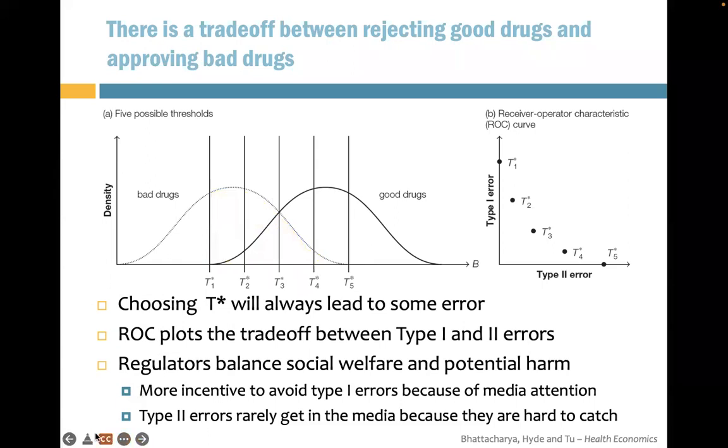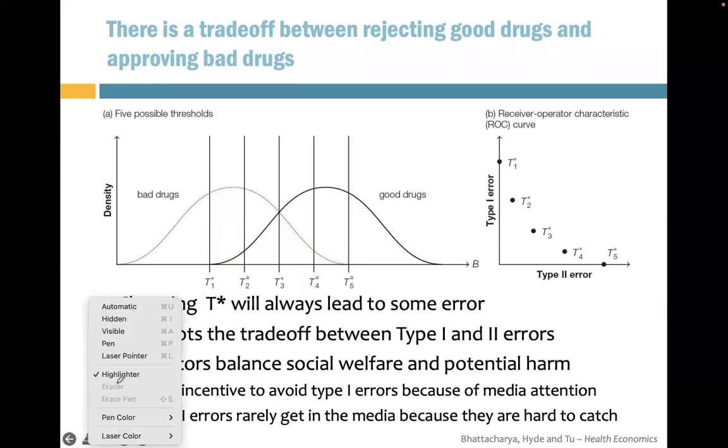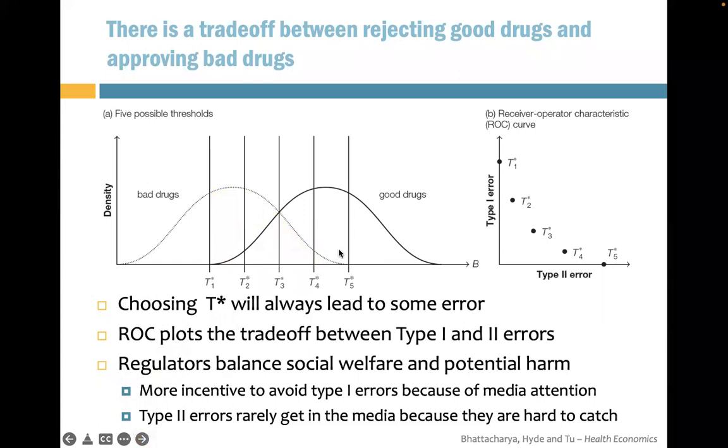Yes, okay. And then let's look at the other extreme, which is T5 star. At T5 star, this line is completely at the right-hand side of the bad drugs distribution. So in this case, we are making sure that none of the bad drugs will be approved.